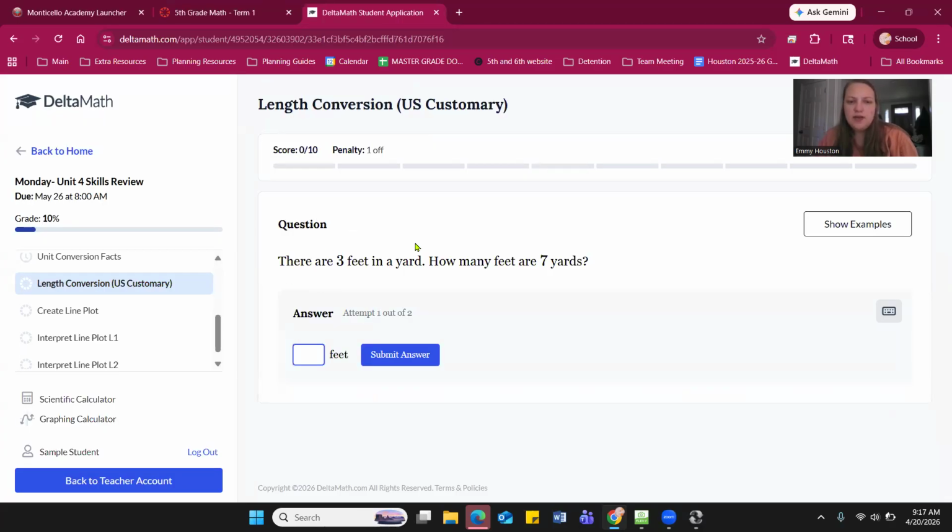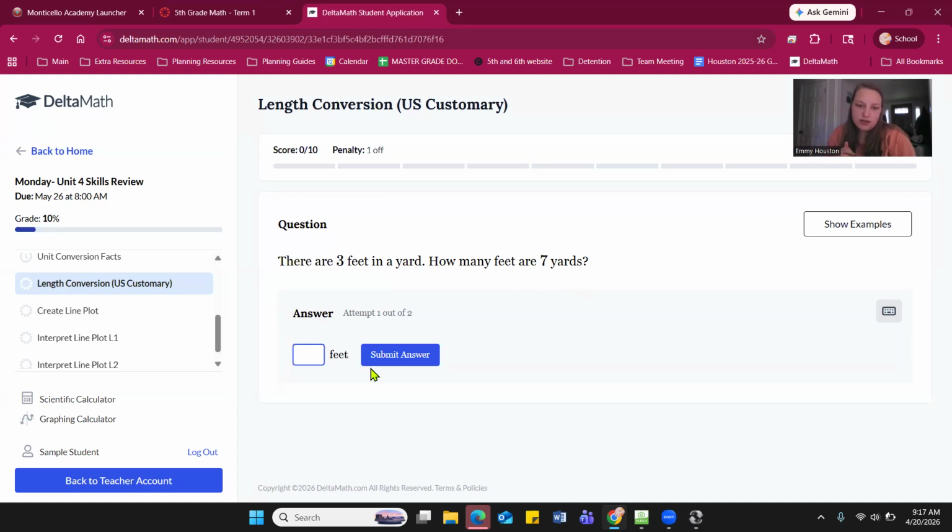All right, there are 3 feet in a yard. How many feet are in 7 yards? So remember, are we going from a bigger unit to a smaller unit or a smaller unit to a bigger unit? So feet to yards. We're going from small. No, I'm sorry.